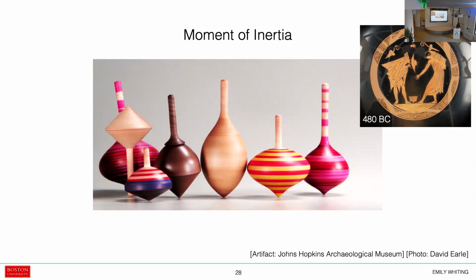But something that's also notable here is that there's a very similar shape in the spinning top in the artifact and the ones that you see in this modern photograph of the ones you'd find in a toy store today. So I think this helps support the point that understanding intuitively moment of inertia and how to design for it is actually quite difficult. And we haven't really departed from these rotationally symmetric objects, even though they've been known for thousands of years.